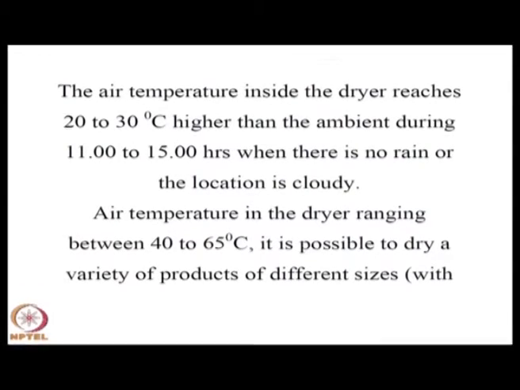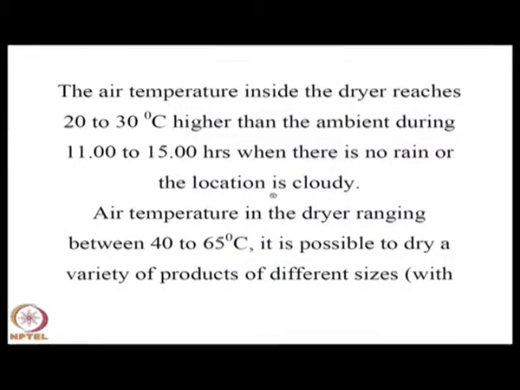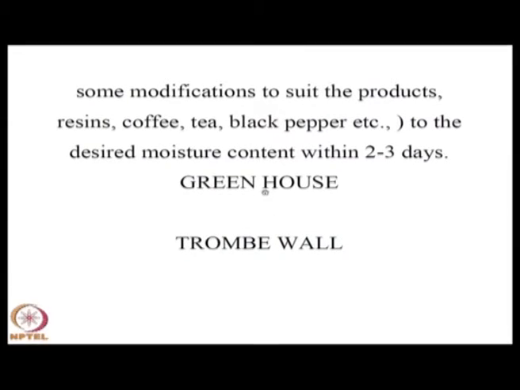The air temperature is about 20 to 30 degrees centigrade above the ambient, if there are no rains, at least from 11 to 3 p.m. That corresponds to typically 40 to 65 degrees in tropical climates, which is rather ideal for drying of raisins, coffee, tea, black pepper, etc. The higher temperature is not desired because it will take away the oil in them or make them soft by semi-cooking rather than only drying.